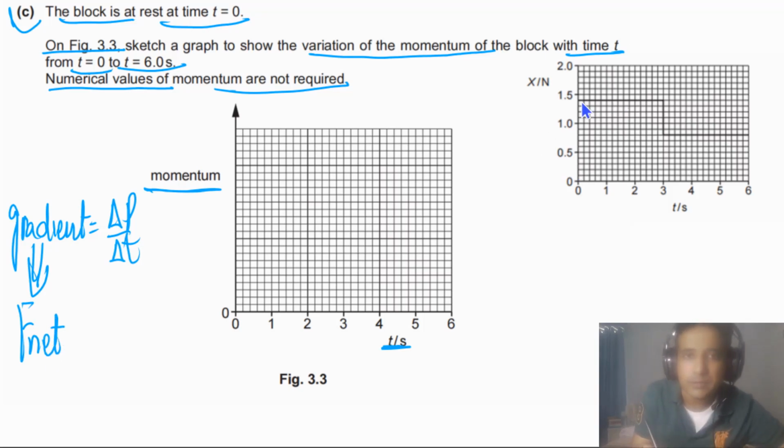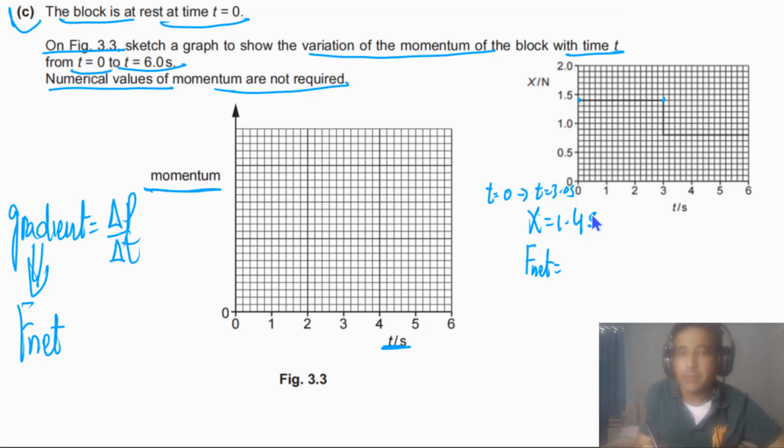For the interval from t equal to 0 to t equal to 3.0 seconds, we have X equal to 1.4 newtons. So the net force for this interval of time will be 1.4 minus 0.8 friction, which is equal to 0.6 newtons.